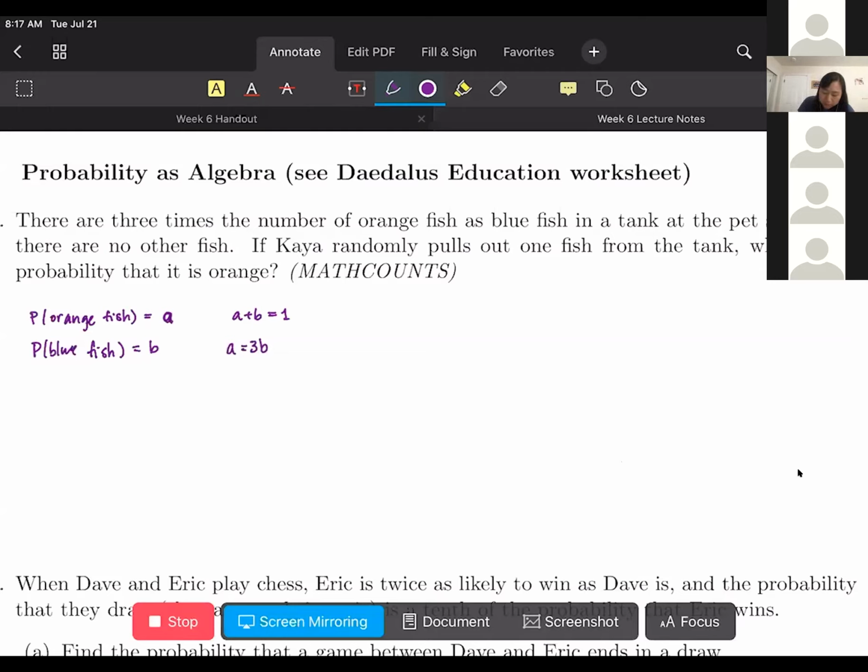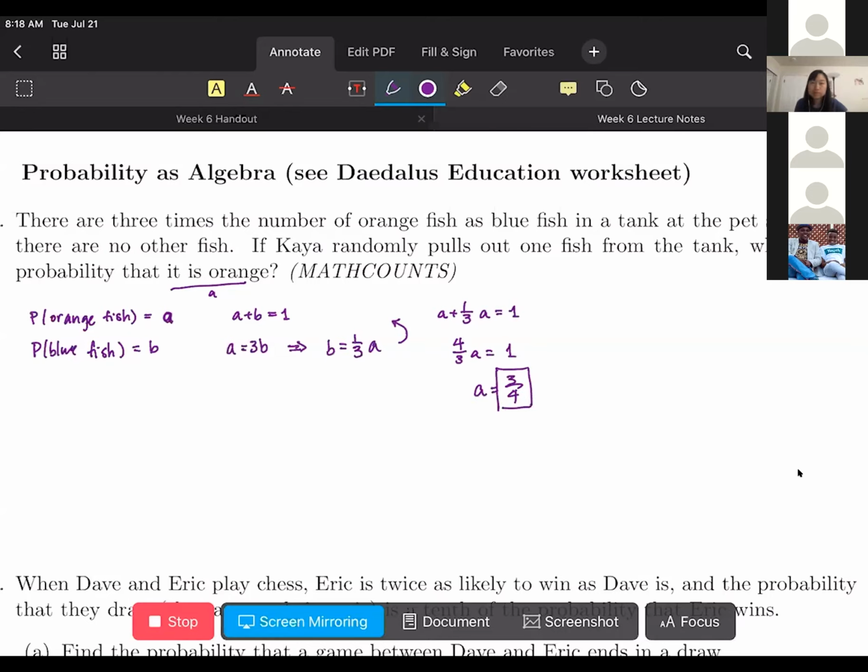If we want to compute what A is, the probability that it is orange, then we can substitute B equals 1/3 A. If we plug this into the initial equation, A plus B equals 1, we get A plus 1/3 A equals 1. So 4/3 A equals 1. So A equals 3/4.